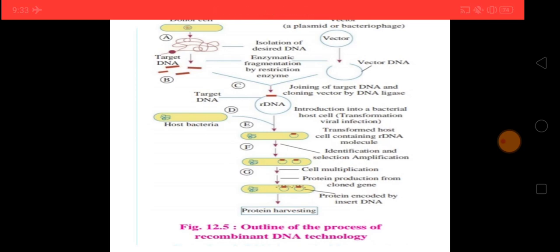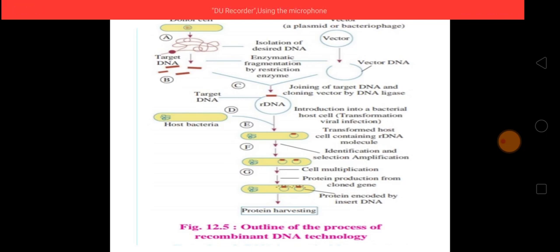So the DNA molecules are isolated and cut with the help of restriction endonuclease enzyme, forming fragments. After the formation of fragments, the desired genes are screened to obtain the fragments of the desired gene.